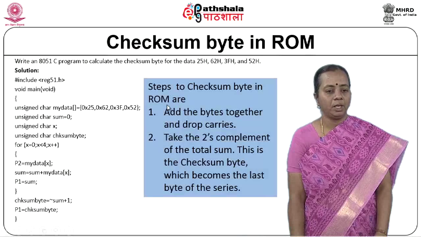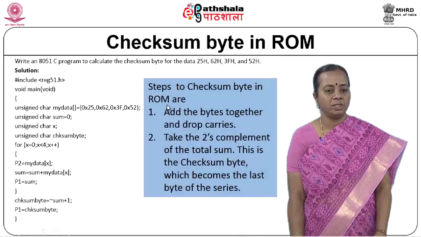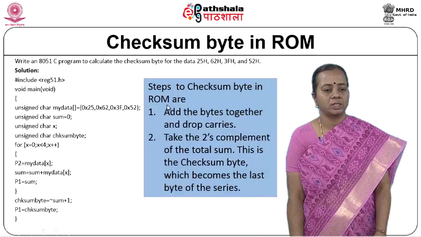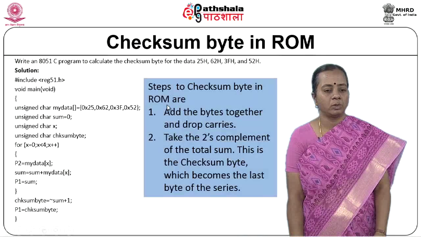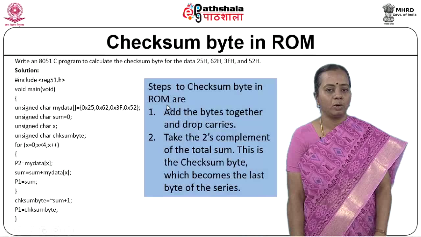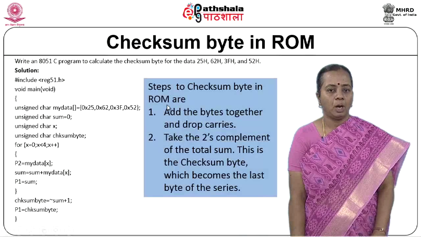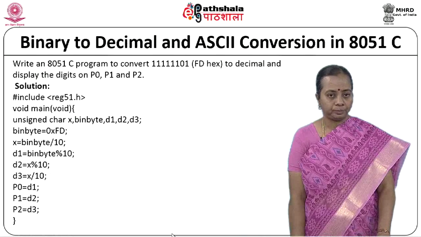So the complement of sum plus 1 gives you the 2's complement, which is assigned to the checksum byte. Now P1 is equal to checksum byte, so that our output is displayed at P1. This particular program demonstrates, if I give different data sets, how to generate a checksum byte out of that input data.